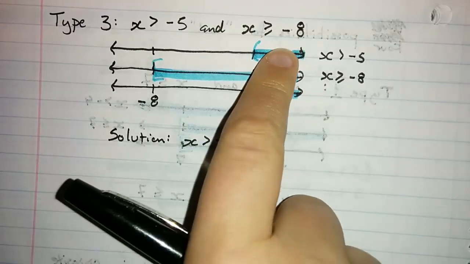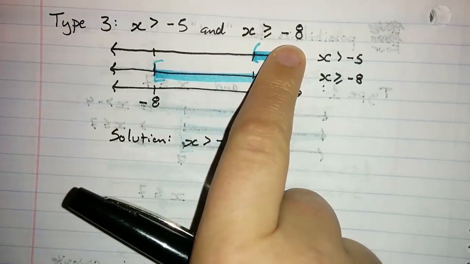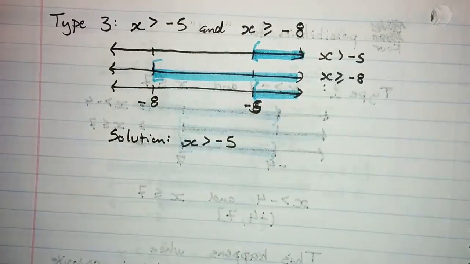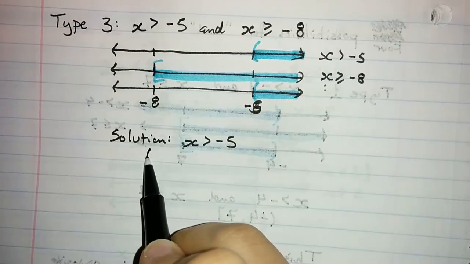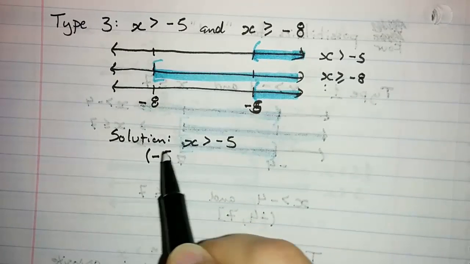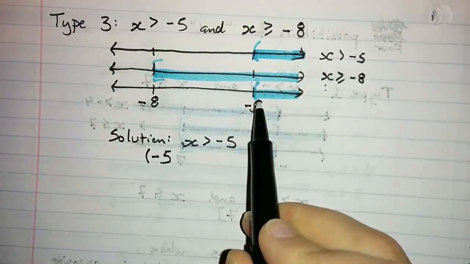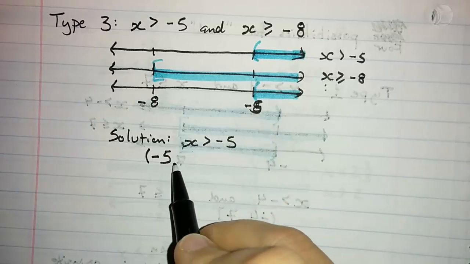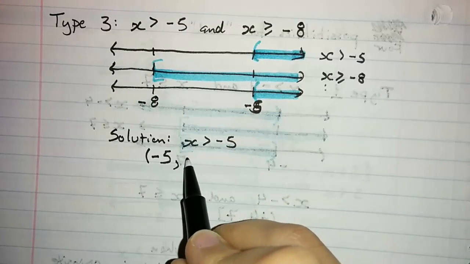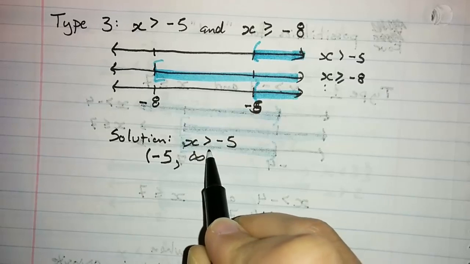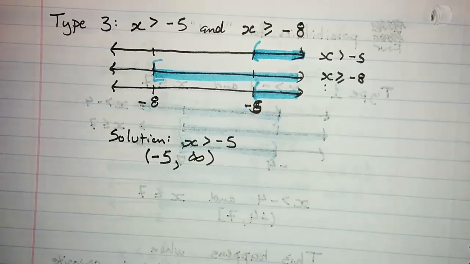That makes sense. Anything that's bigger than -5 is already, for free, bigger than -8. In interval notation, we start at -5, which gets a round bracket, because I see a round bracket here, and goes up to positive infinity. There's no right end.